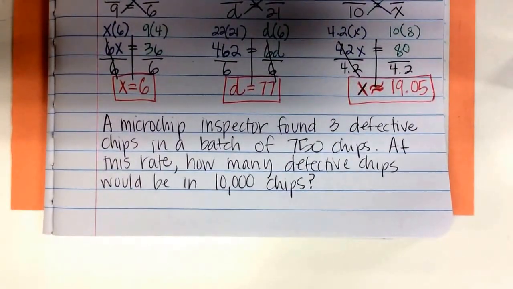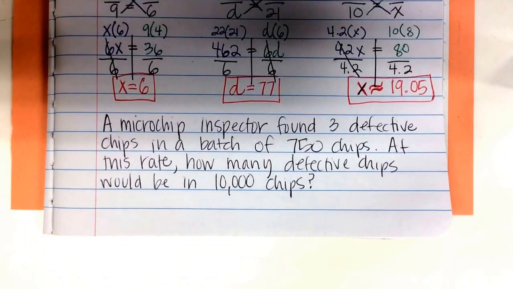At this rate, how many defective chips would be in 10,000 chips?